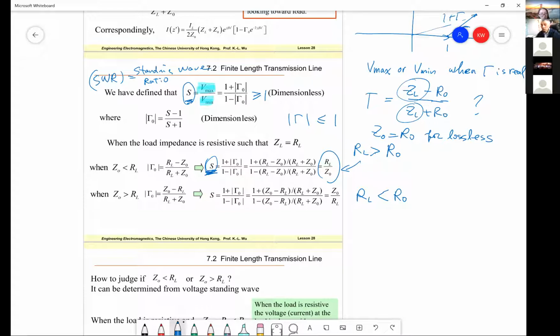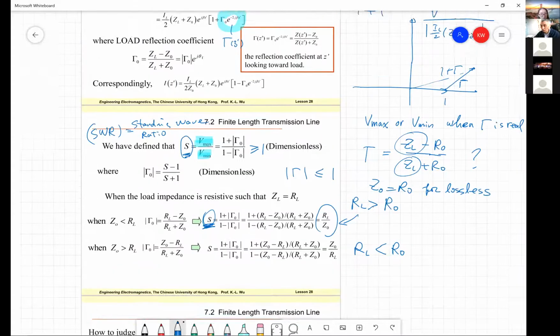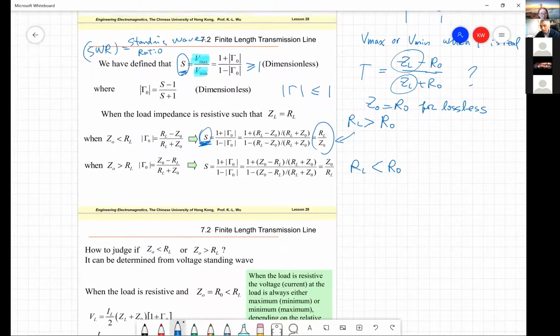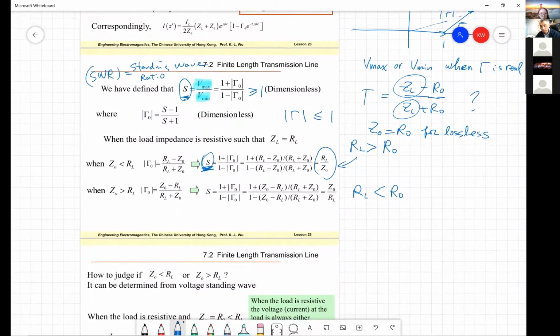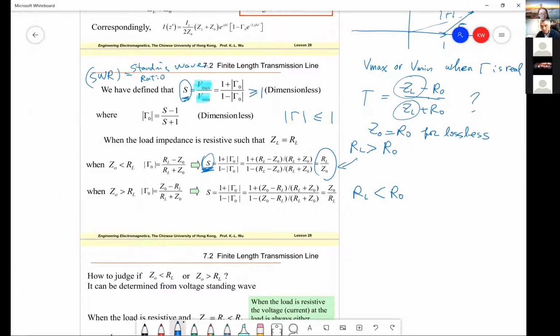Depending on whether you are looking at a voltage maximum or minimum, because we can measure the standing wave ratio, we know the resistive load value. This is why the standing wave ratio is important.